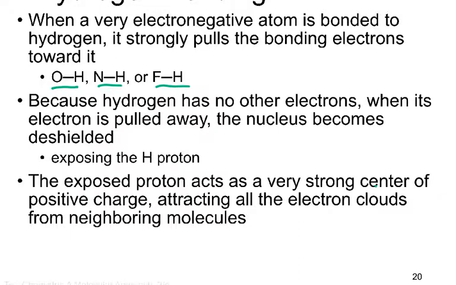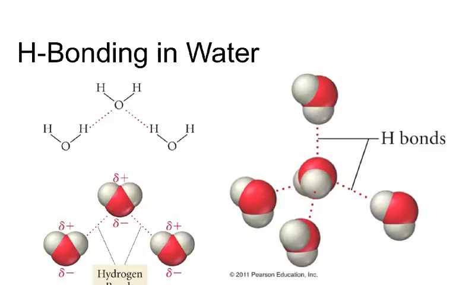And because hydrogen doesn't have any other electrons, when that electron is pulled away, the nucleus becomes deshielded, exposing the proton. And so that's going to act as a strong center of positive charge, attracting everything around it. So when you see an OH, an NH, or an FH, you should be on the lookout for hydrogen bonding, which is basically just a strong version of dipole-dipole.